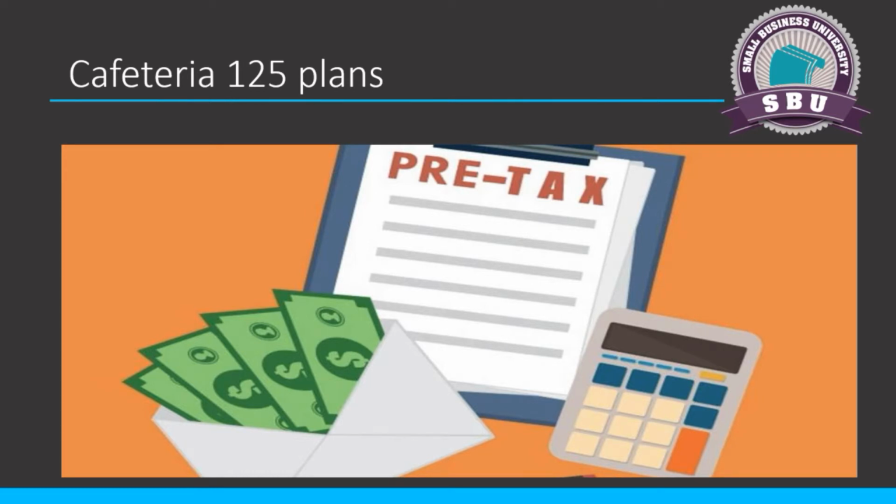There isn't a law that says you can just do it without doing anything. You have to have a plan, and there's providers out there that do Cafeteria 125s that will show you how to do it. They're not super costly, but you need to be reminding your clients, okay, you need to set that up. We can't just say, oh yeah, they can do it. No problem. Well, I'll just start running it through the payroll. And I can't tell you how many clients and accountants are doing that.